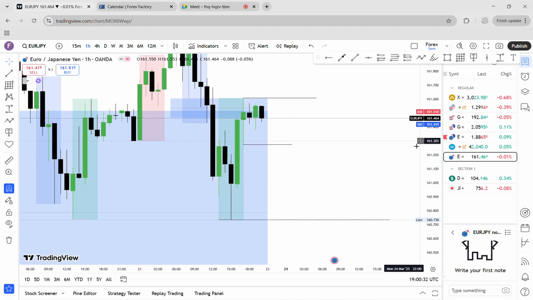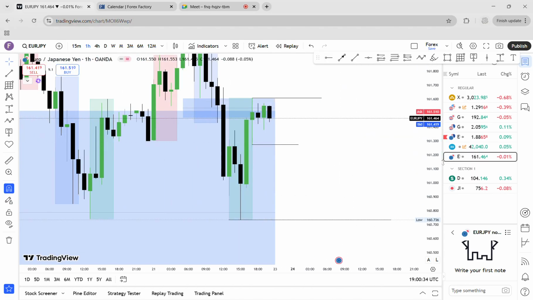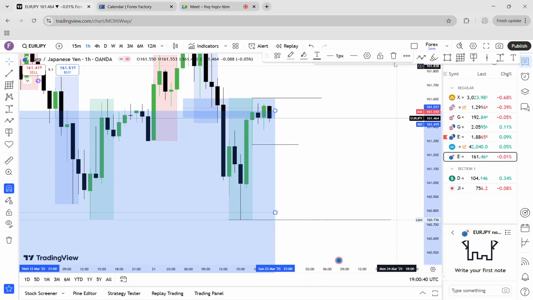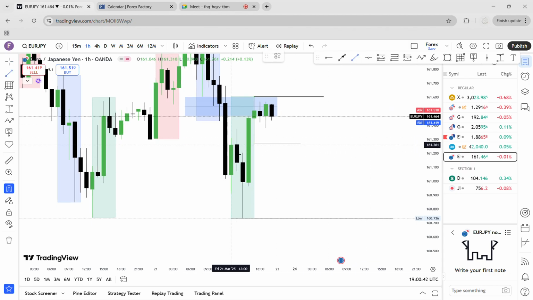This area, if you look at this area very well, let me take out this other block so you guys can see. We created an area right here, right?